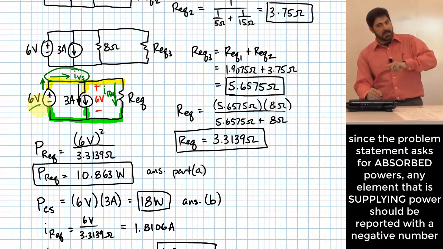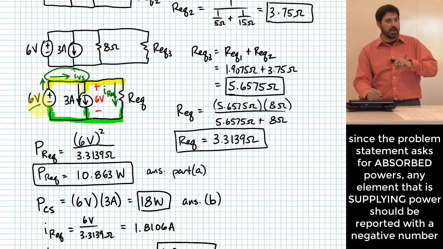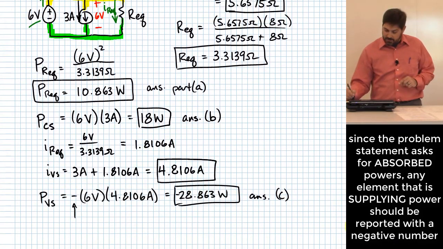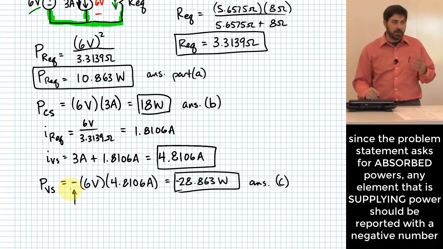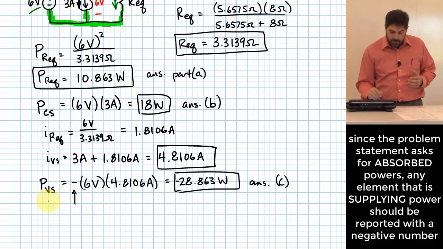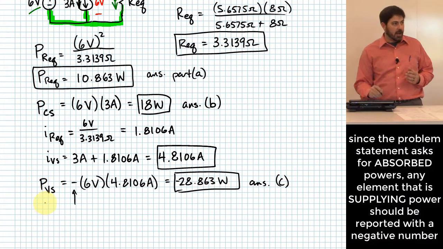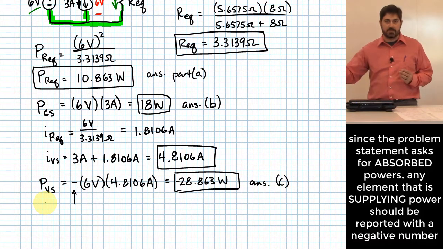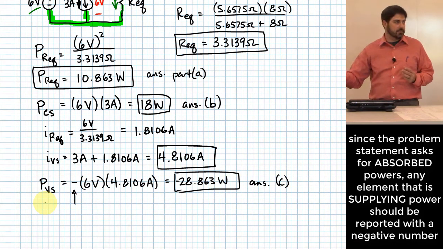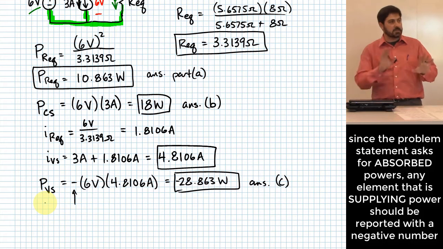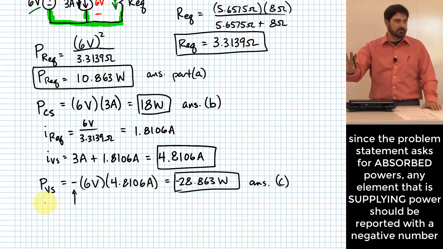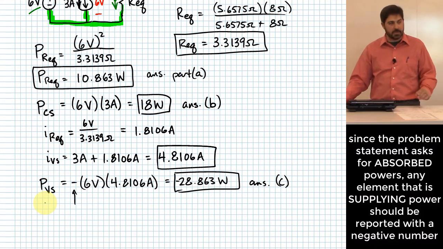But I want my P that I'm calculating here to be positive when I'm absorbing power, so I have to put that negative sign in there to get that. Another way I could have done it is I could have just put a note down here that says P sub Vs supplying and not put the negative sign and then dealt with the negative sign in a subsequent step, right? Or, interpret my results so that I answer the question that's asked. Does that make sense? So that's really the only reason the negative is there.